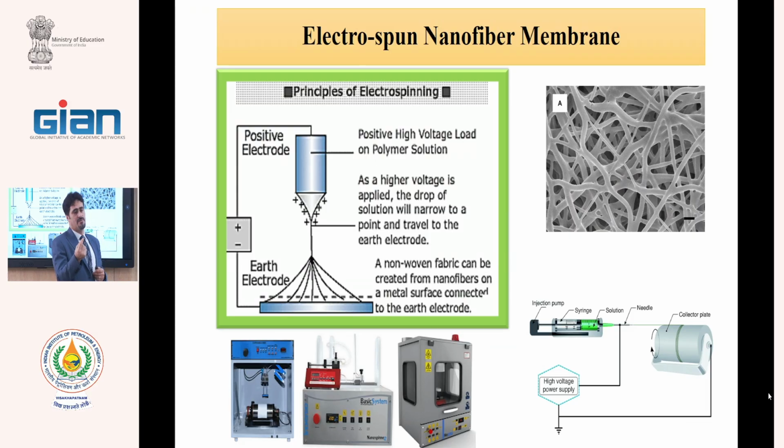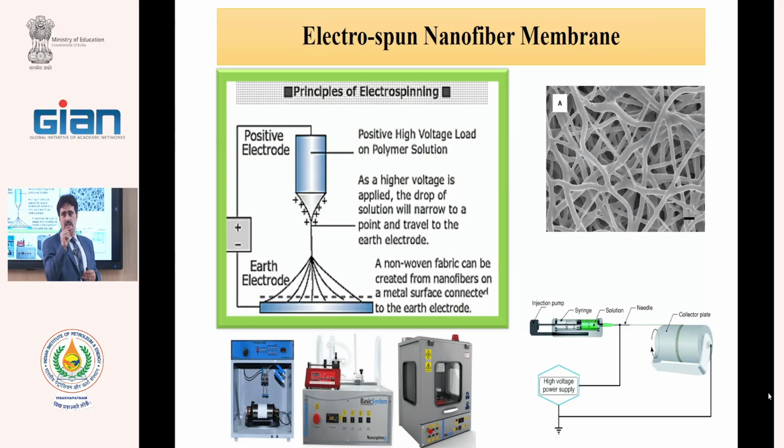In the definition of nanotechnology, we say that every particle, every film, every fiber that has a dimension less than 100 nanometers is produced by nanotechnology technique. Okay? We have microfiber filters.